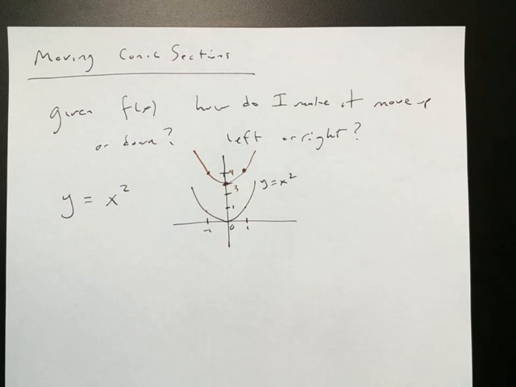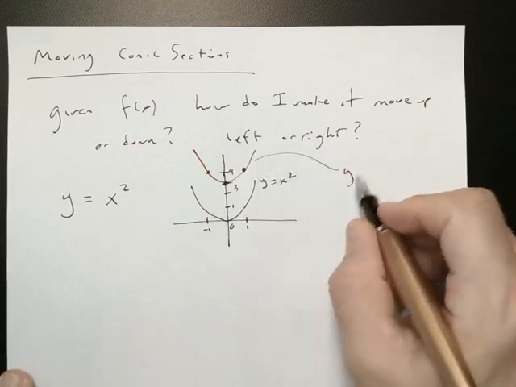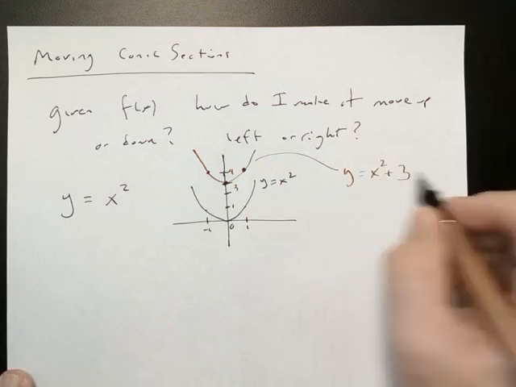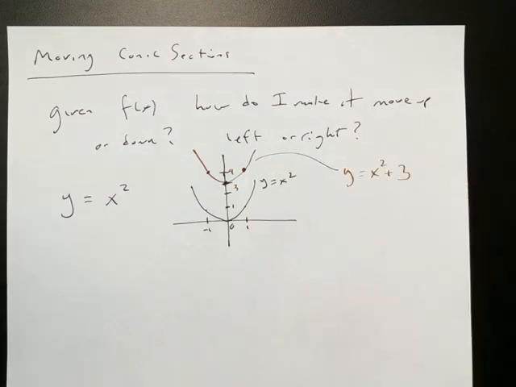How do I move an equation up 3 units? I just add 3 to the y values, right? So if I want to change the y values to be 3 units higher, I say, oh, I've moved y by adding 3 to it. What if I wanted to go down? I just subtract, yes?